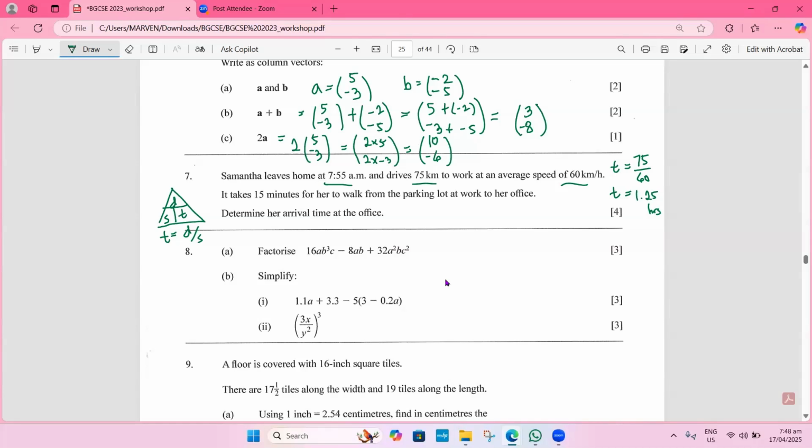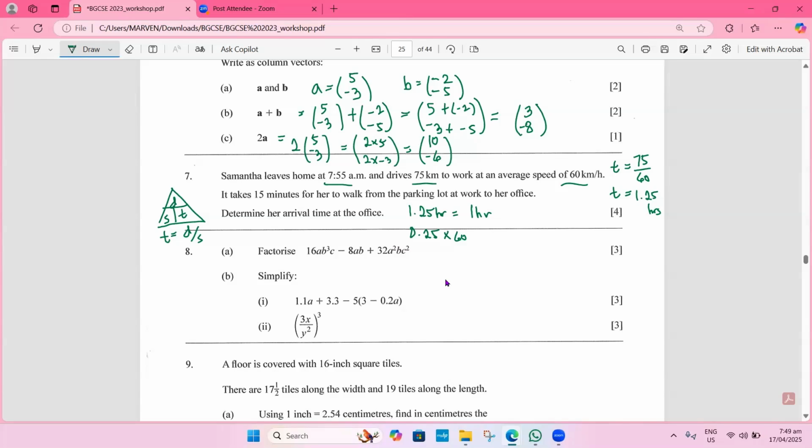And then we need to add 15 minutes to this time. 1.25 hours, when we convert it into minutes, this is 1 hour, and the 0.25 in minutes is 0.25 times 60, since 1 hour is 60 minutes.